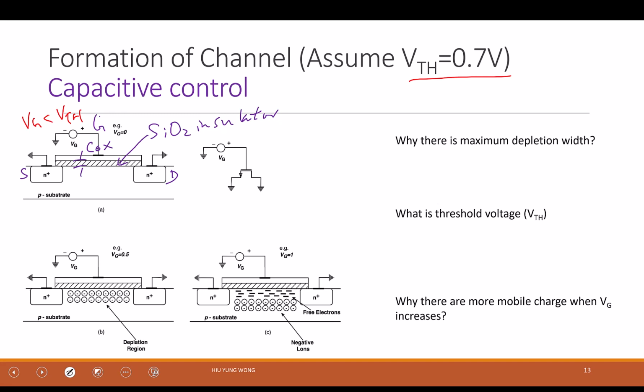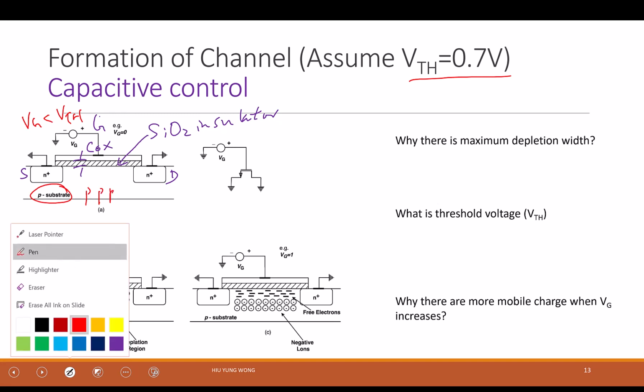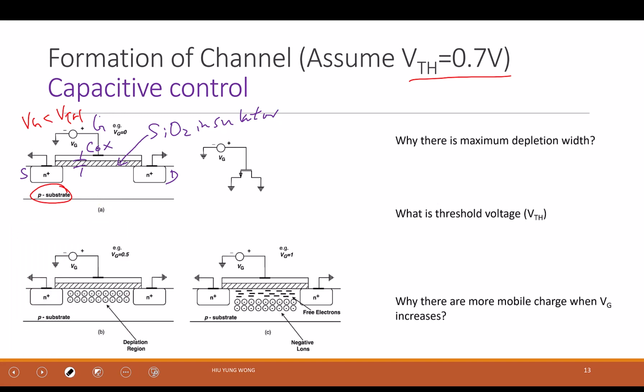Otherwise, just agree that because it's much less than Vth, you're going to attract the holes to the surface, right? And I forgot to say this is p-type, so I have a lot of holes here. I have a lot of holes at the bottom, and I also attract some holes here.